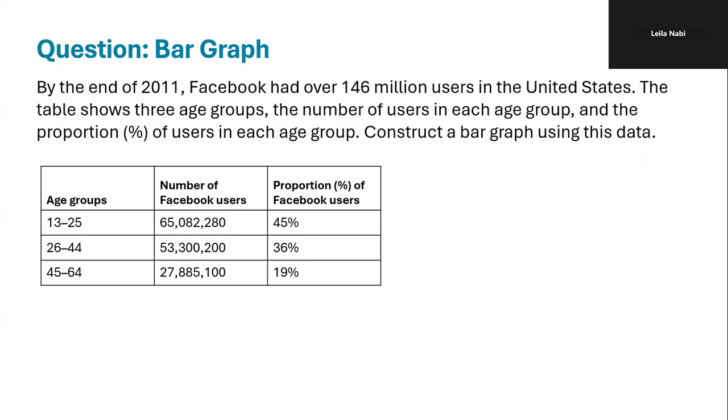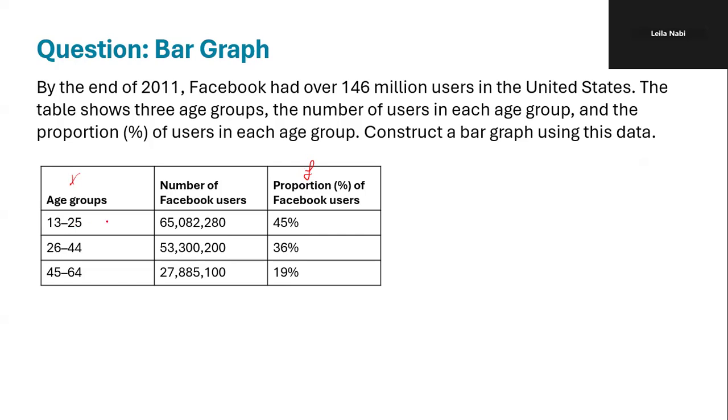I didn't read the full sentence. So the age groups are the data, and the proportion this time is the frequencies. Proportions are relative frequency, but that's fine. We can use the relative frequency instead of the frequencies for the vertical axis, okay?